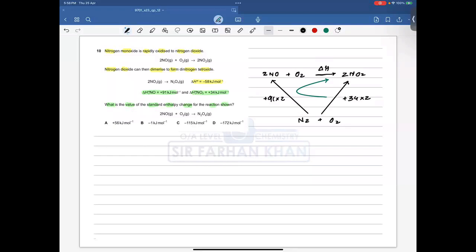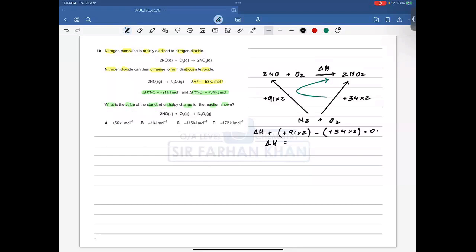So let's arrange the values. Delta H is plus 91 times 2 minus plus 34 times 2 equals 0. Then delta H plus 182 minus 68 equals 0. Then delta H plus 114 equals 0.